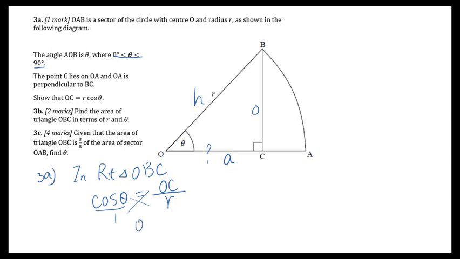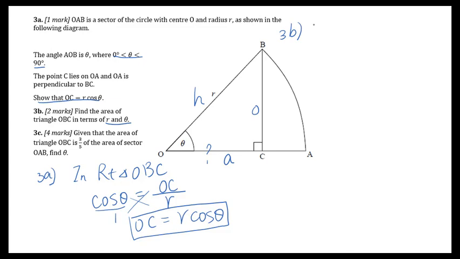You will get OC equals R times cosine theta. Whenever you see show that, it means you just need to work this out and show the work. For 3B, find the area of triangle OBC in terms of R and theta.